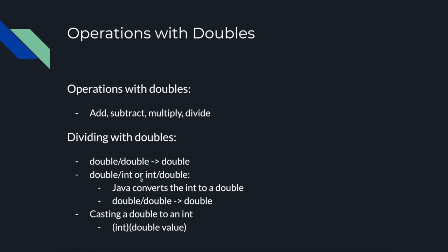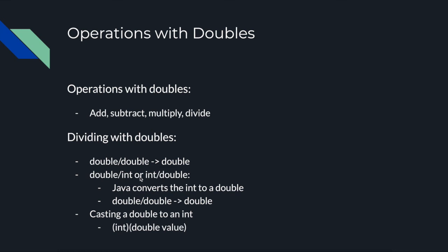However, dividing is a bit special. When we divide with doubles, a double over a double will give us a double. And if we do a double over an integer or an integer over a double, Java will automatically convert the integer to a double for you. Then we will get a double over a double, which, as previously said, will give us a double.